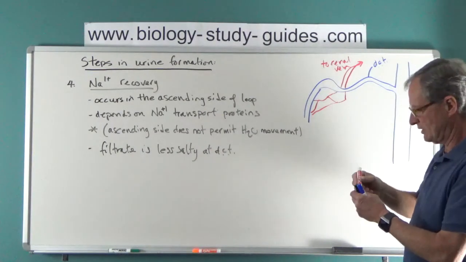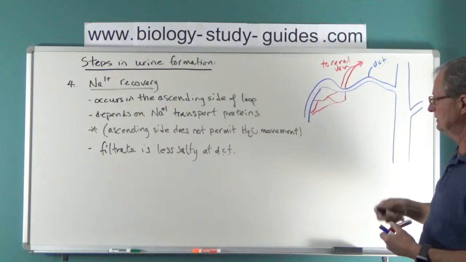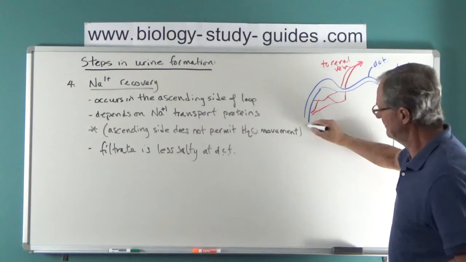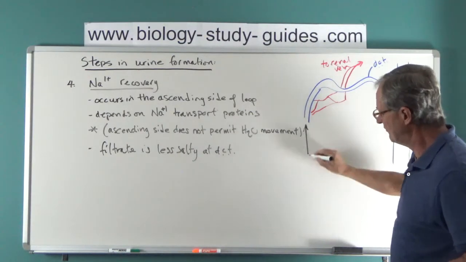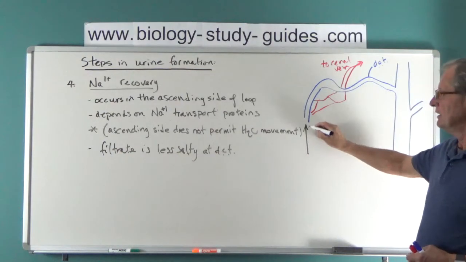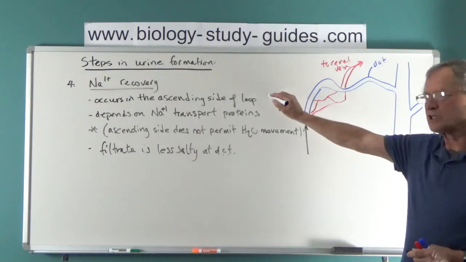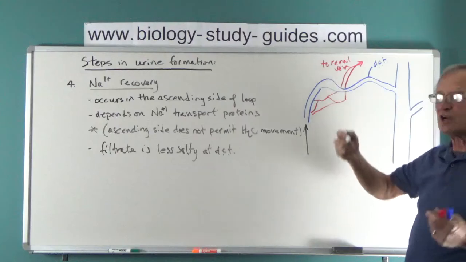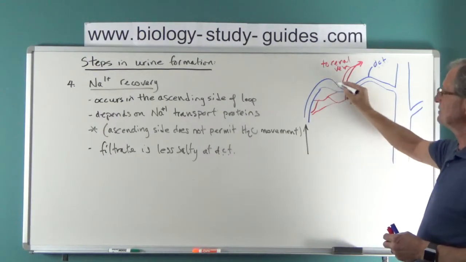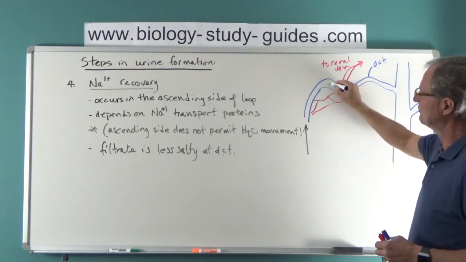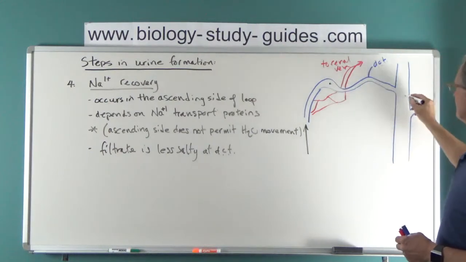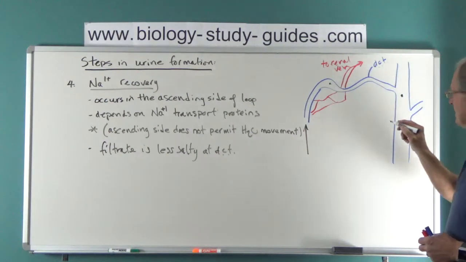The filtrate is drawn up here. Remember, the filtrate now is about isotonic to the proximal side. It's more or less concentrated urine. What is in this filtrate here, for example, is very similar to here.